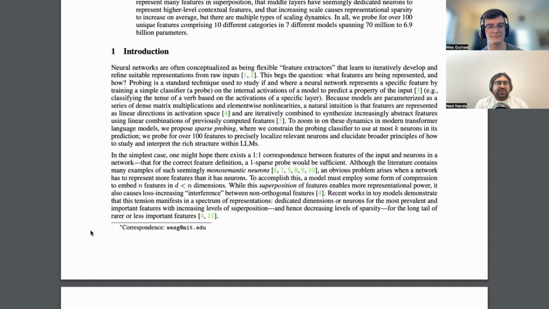And the idea is models extracting features from the input. To quote the first line of the introduction, neural networks are often conceptualized as being flexible feature extractors that learn to iteratively develop and refine suitable representations from raw inputs. Fabulously wordsmithed.